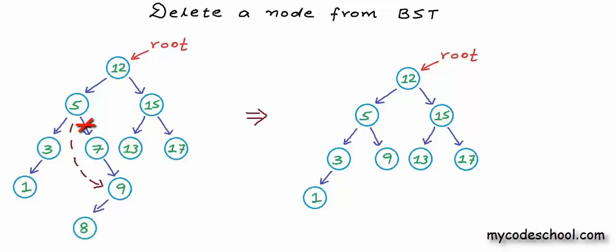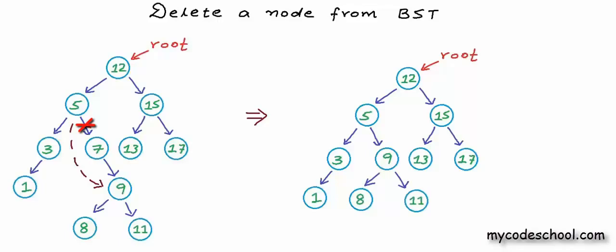We are left with only one choice. We can only have 8 here. In right we can have something lesser than 12 and greater than 5, 7 and 9. All in all, between 9 and 12. Okay, so if the original tree was this much, after deletion this is how my tree will look.